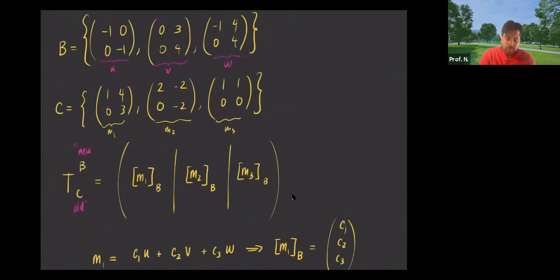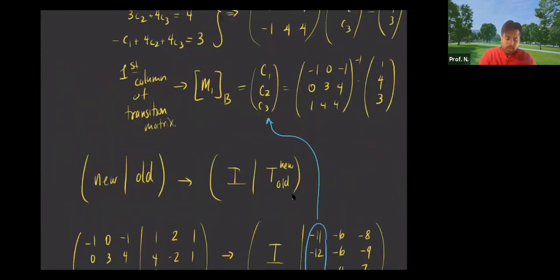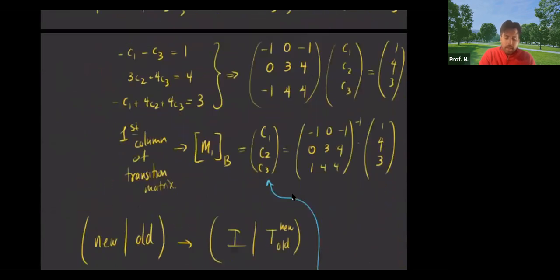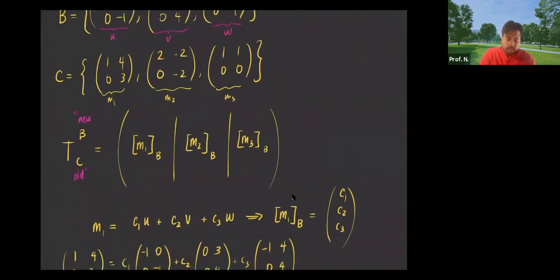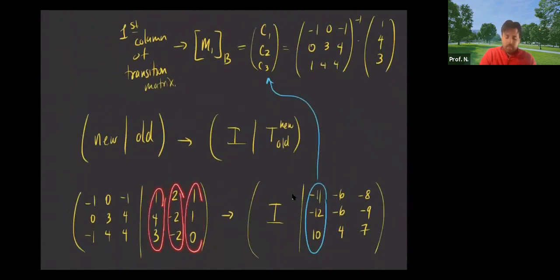So I rewrote this as a vector, this as a vector, this as a vector in R3, which were these. And then I rewrote the old one, this as a vector, this as a vector, this as a vector, and I created this. So these are my new vectors, which are representing matrices. These are my old basis vectors, which are representing matrices.